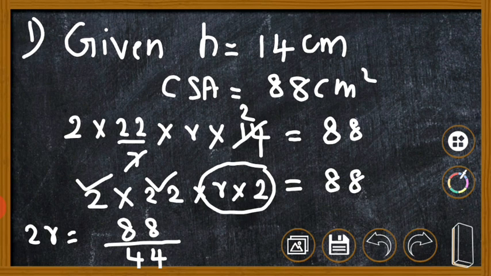So 88 by 44 is equal to 2. So the diameter is equal to 2 centimeter. Diameter means double of the radius.